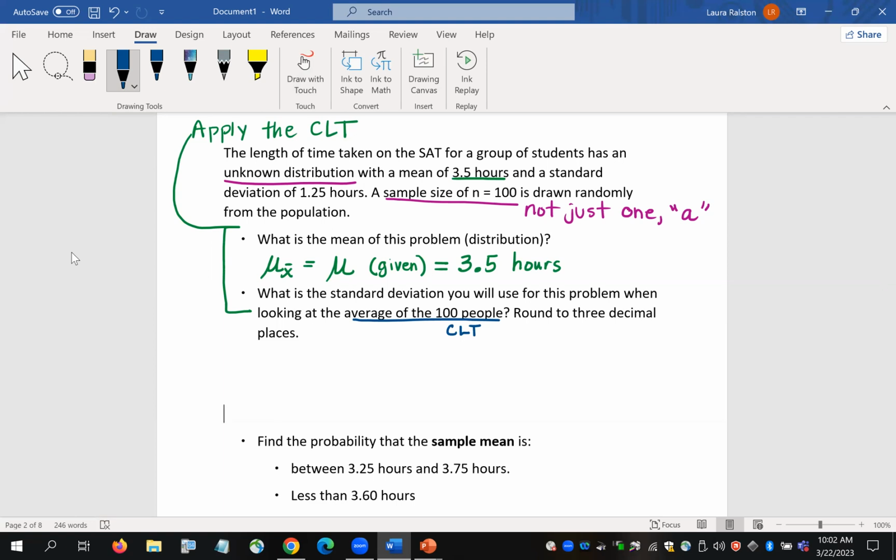So again, we know that the standard deviation for the central limit theorem is the original divided by the square root of n. The original is given to us in the problem and is 1.25.